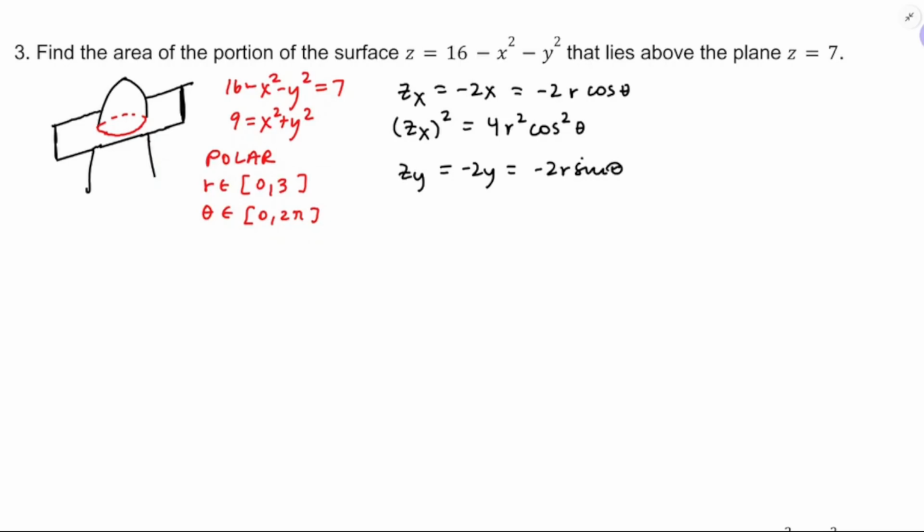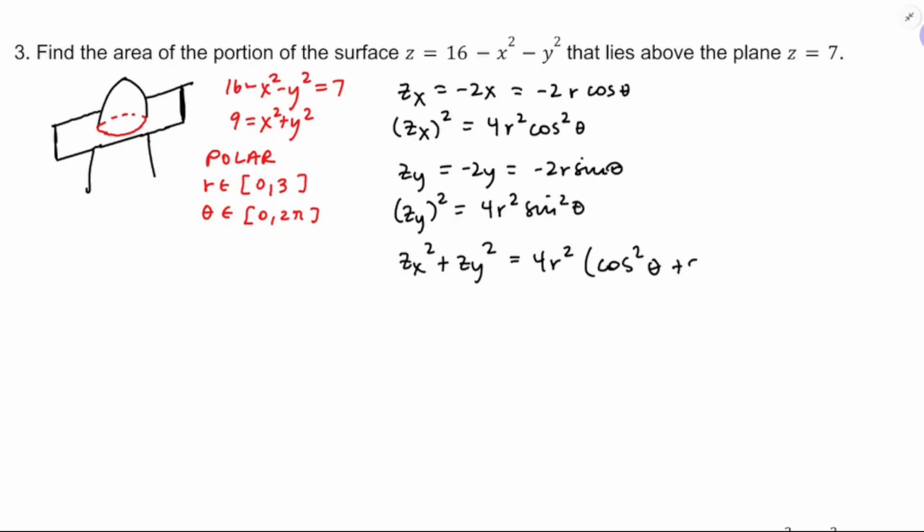And if I square that, a very similar thing happens: 4r squared sine squared theta. If I add these together, zx squared plus zy squared, I factor out the 4r squared and I'm left with cosine squared theta plus sine squared theta, which we need to know is equal to 1, so that's equal to 4r squared.